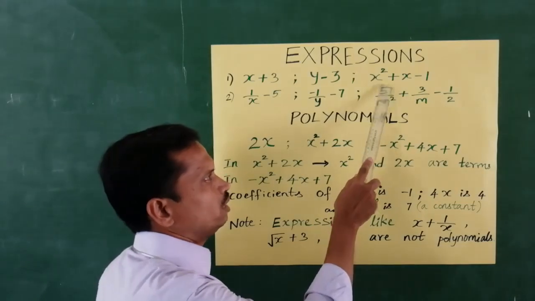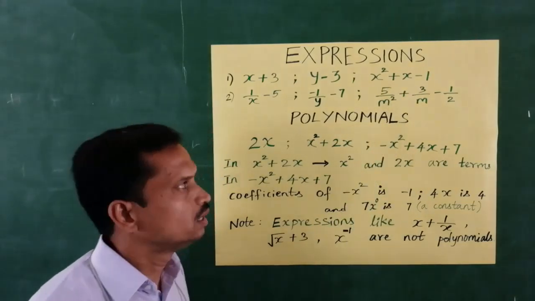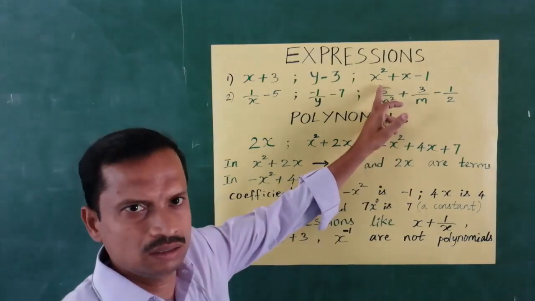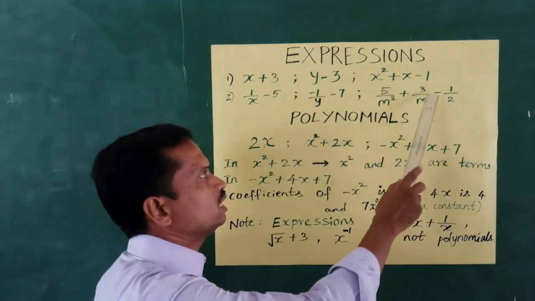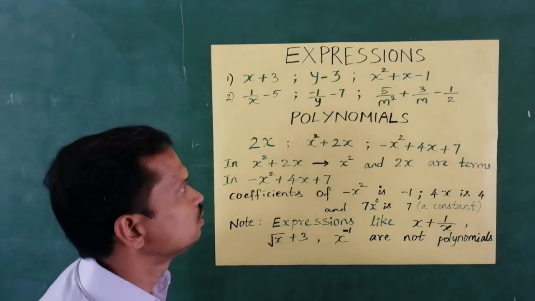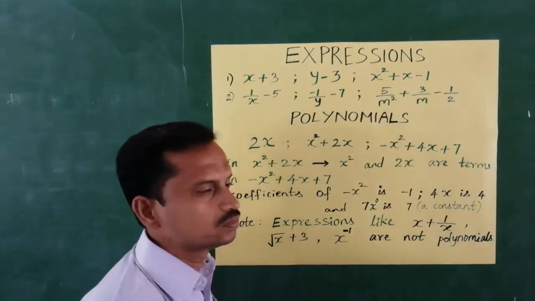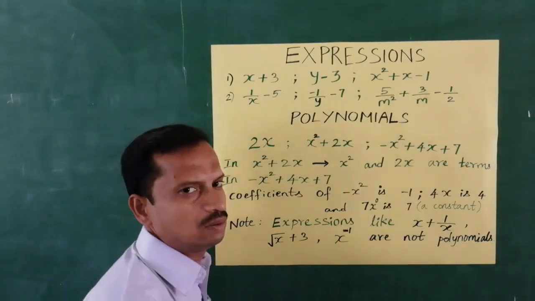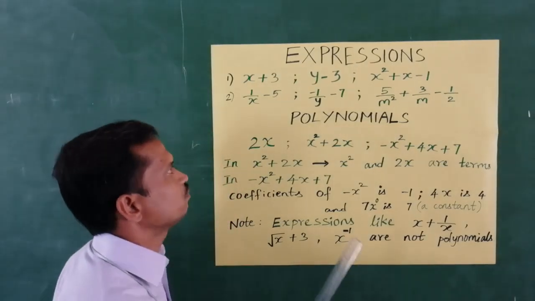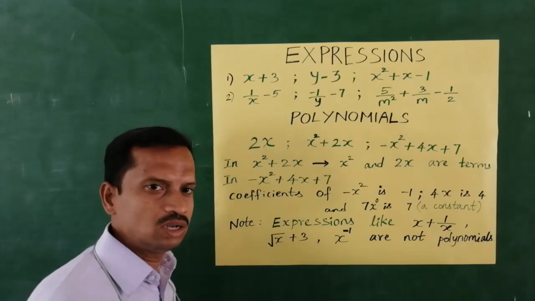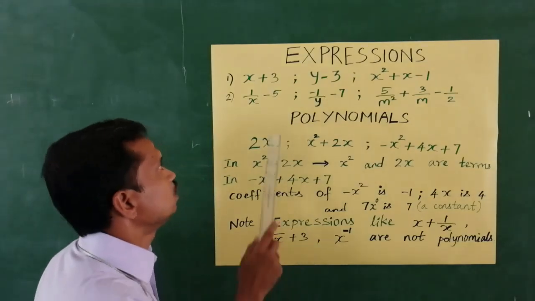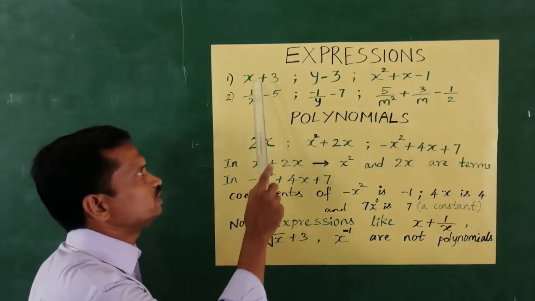In x square plus x minus 1, x square is one term, x is another term and minus 1 is another term. So here there are 3 terms. It is an example of an expression. Another example is 1 by x minus 5. What is the difference between these two examples?